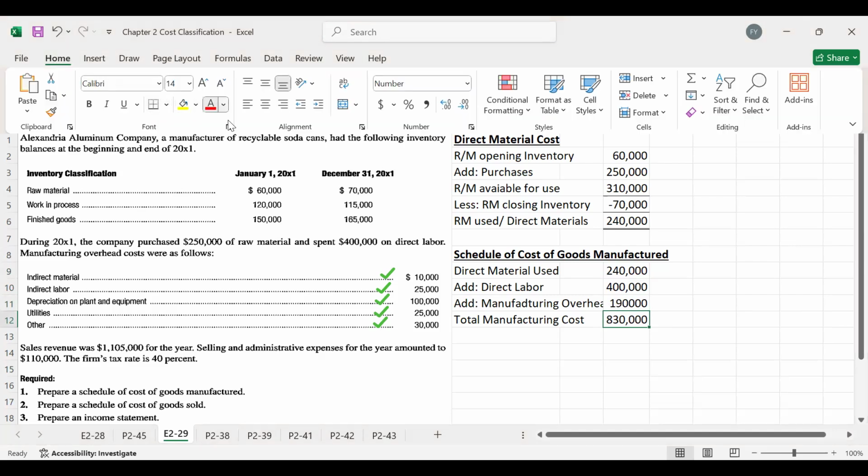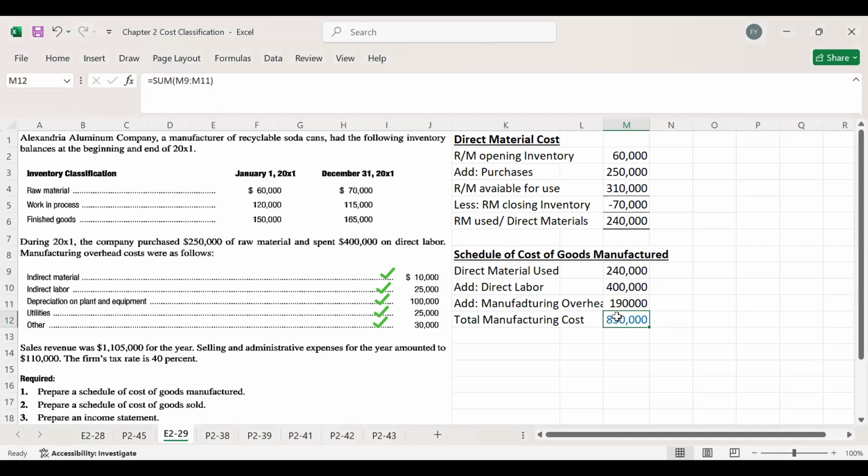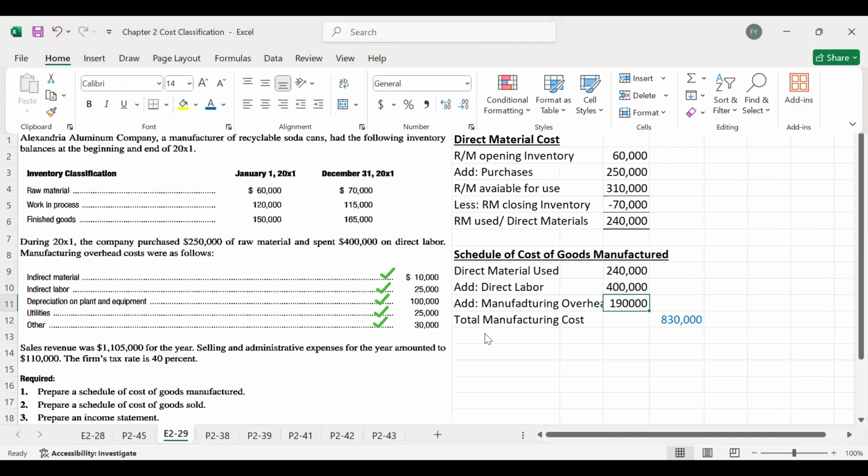We can write it differently, in outer column. So by adding all these three, we get total manufacturing cost.